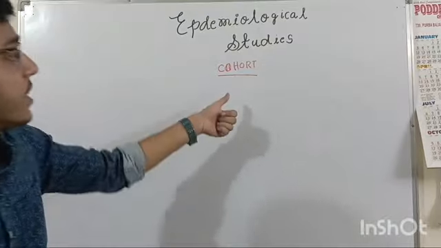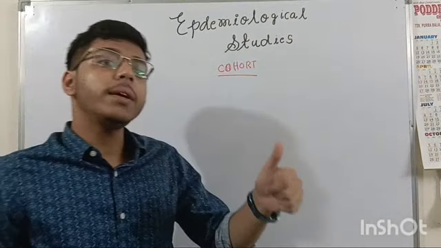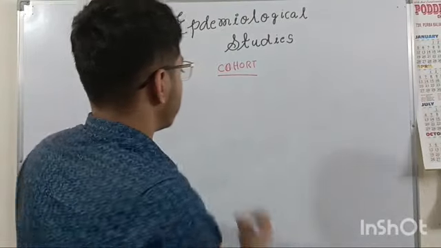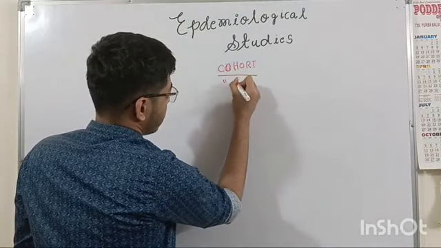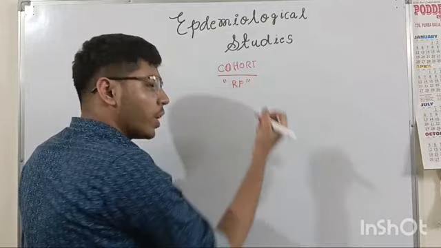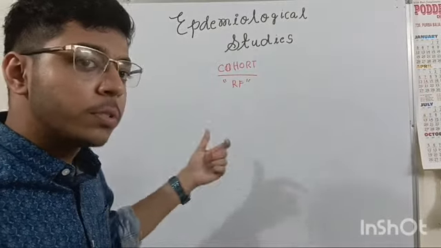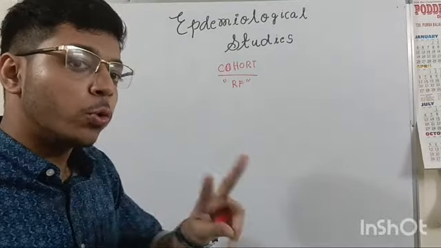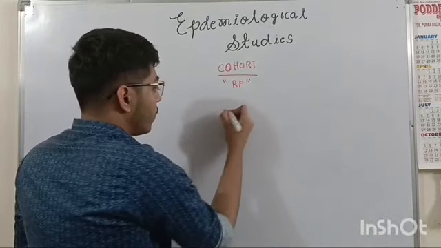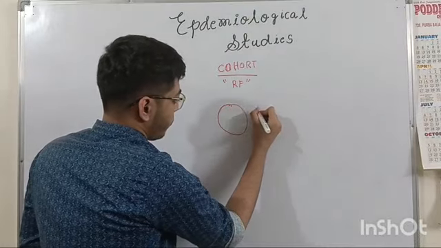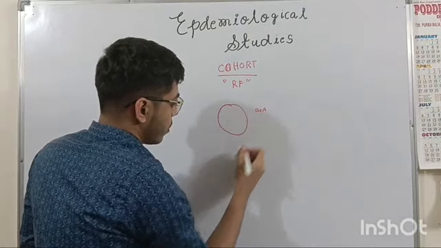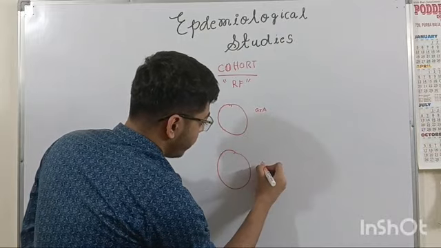In cohort studies, we are concerned mainly about the risk factors. So again, we will divide the people or the groups or the whole community into two groups for our purpose. First will be group A and second will be group B.